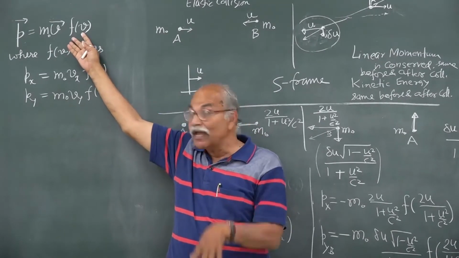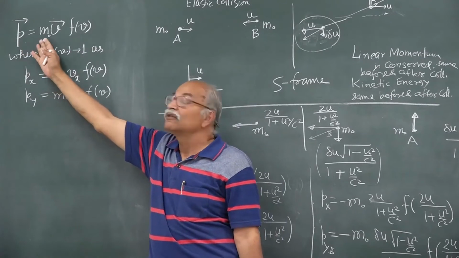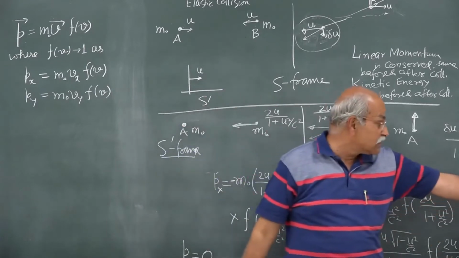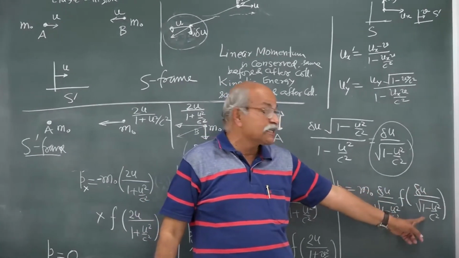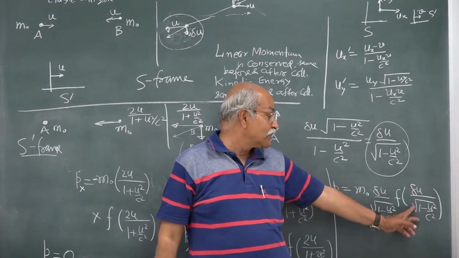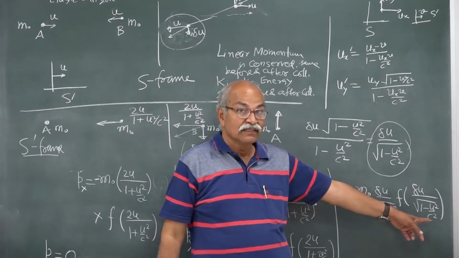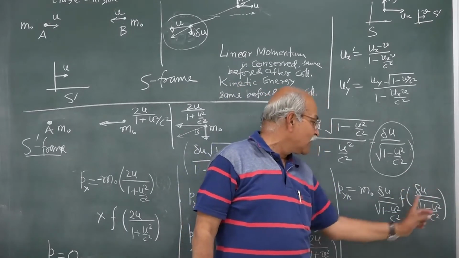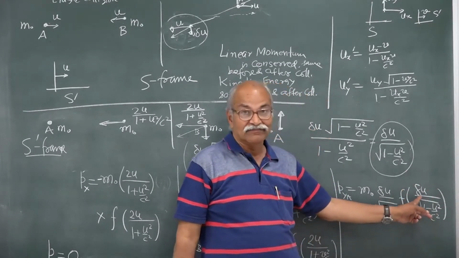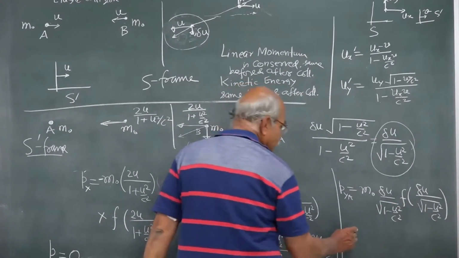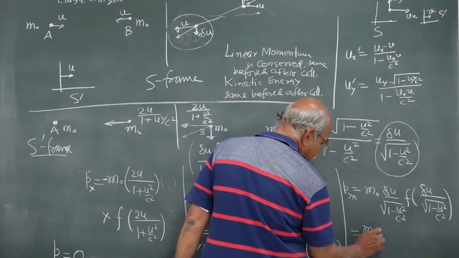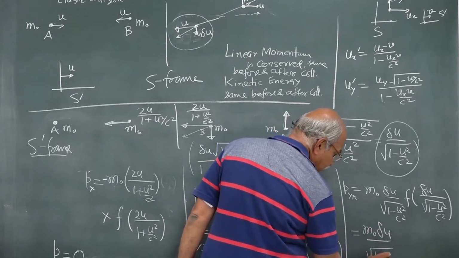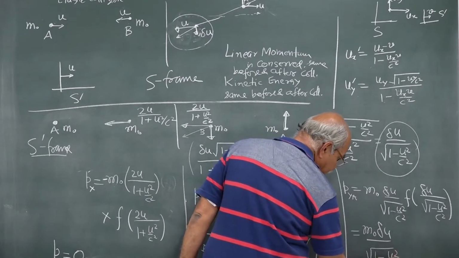So that I get back my Newtonian definition, P equal to mass times velocity for low velocities, and here this velocity is anyway infinitesimal, delta u divided by square root 1 minus u square by c square, and therefore this is the speed which is going towards 0, and f of this is 1. So you can write this as just m naught delta u divided by square root 1 minus u square by c square.